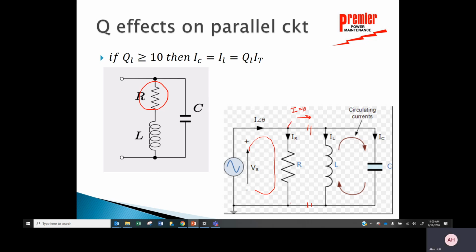But I have a voltage across this resistor, so I have voltage across here and across there. So I have current flowing through this inductor and through this capacitor, but they're going in opposite directions. So it'll circulate this way. Basically the inductor feeds the current for the capacitor, and the capacitor feeds the current for the inductor. So the sum of this little loop is zero. So I truly do have zero or close to zero current flowing there, but I can have huge circulating currents in that capacitor inductor combination.